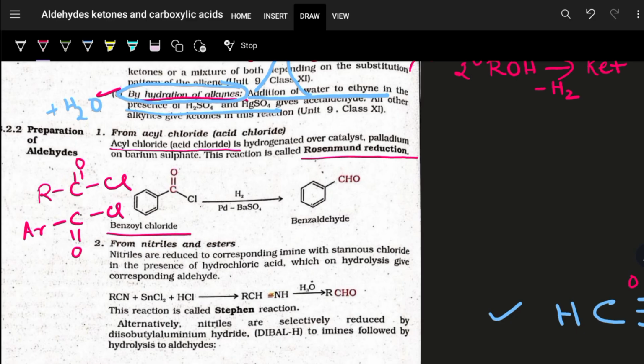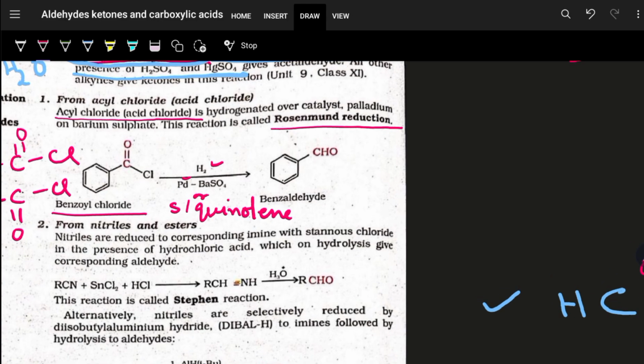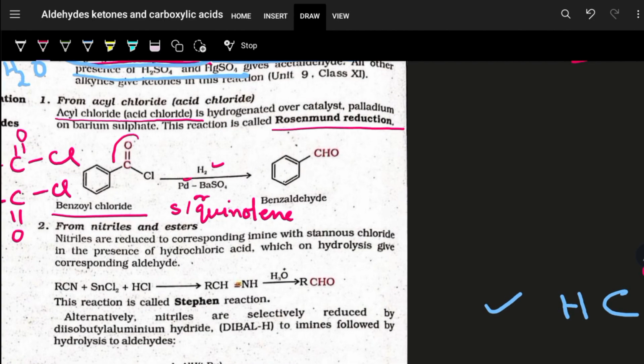It undergoes reduction in presence of Pd-BaSO4, or I will say sulfur quinoline. Now this is acting as a catalyst, hydrogen in presence of the metal surface that is getting produced using palladium, Pd in presence of BaSO4. Sulfur quinoline acts as a catalyst poison, and this COCl gets converted to CHO. It's a reduction.